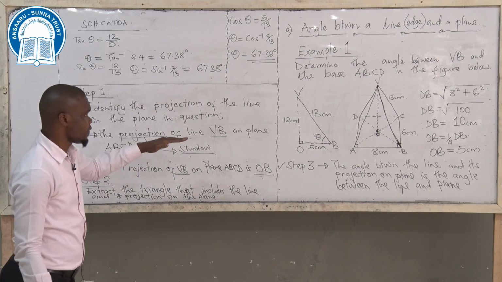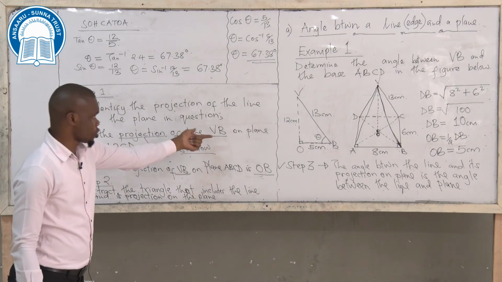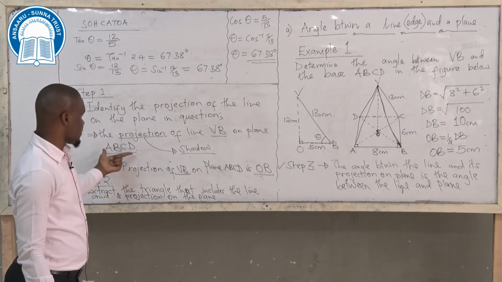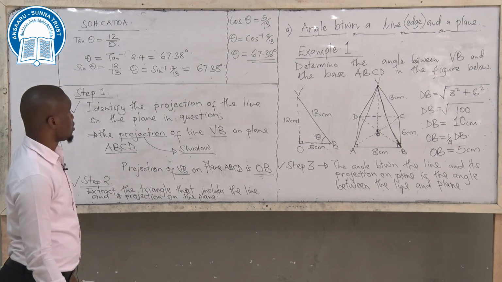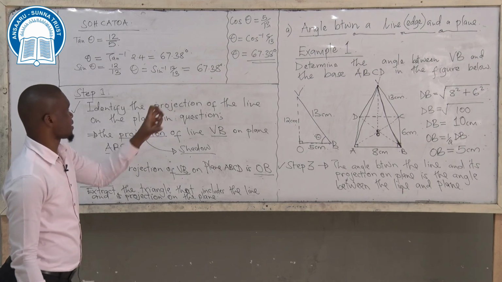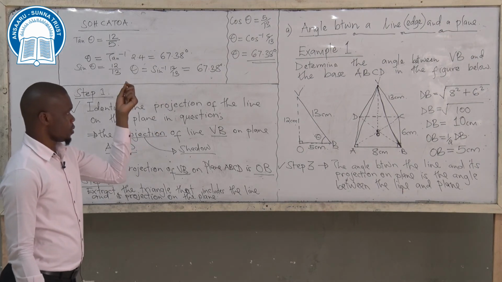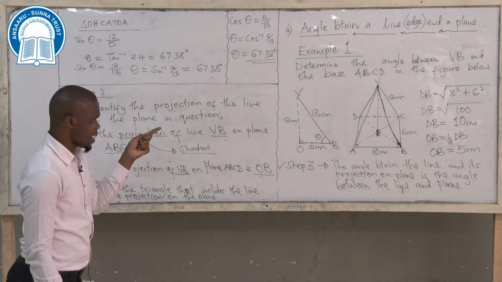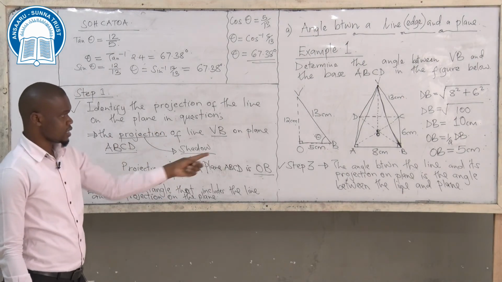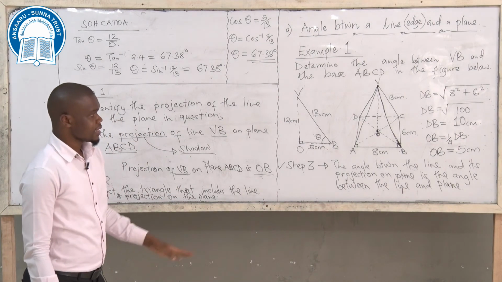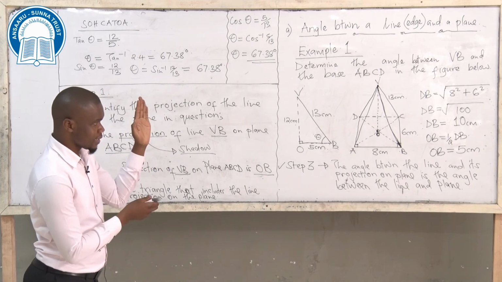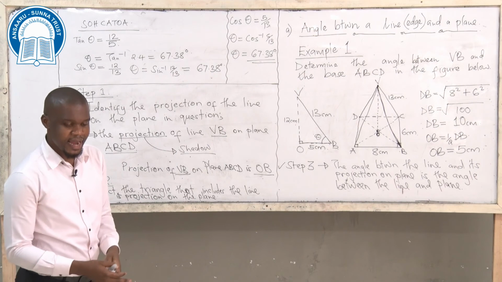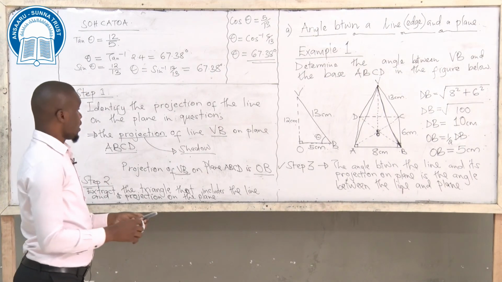If you're able to identify the projection of the line on the particular plane in question, then it means you can extract the relationship between the line in question and its projection. And then step number 3 is telling us that the angle between this line and its projection on the plane is actually the angle between the line and the plane.